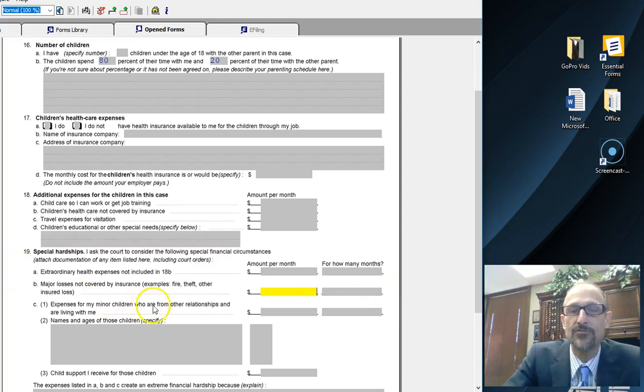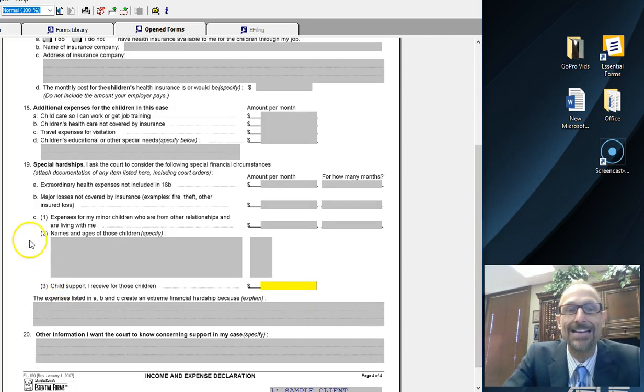19C, expenses for my minor children who are from other relationships and are living with me. So if you've got children from a prior relationship, you're going to want to name those children, and put how much per month each of those children cost generally. And then you're going to want to put a total on the bottom.